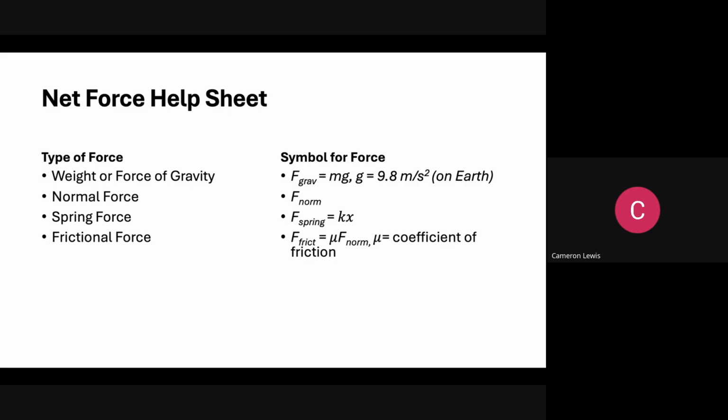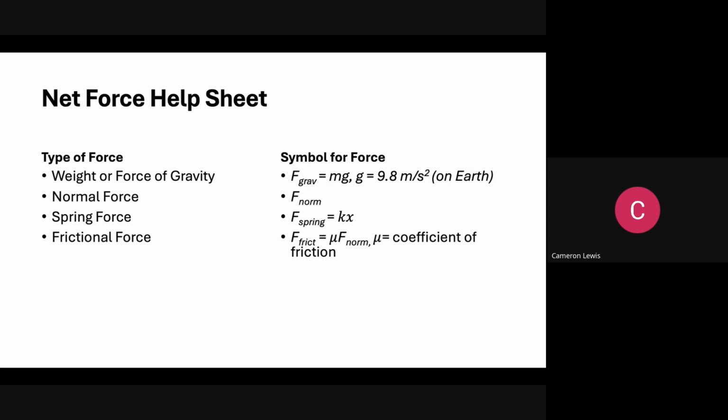What's the difference between a coefficient and a constant? A coefficient is just the number that goes in front, tied to a variable, like 4x. If the equation is y equals 4x, the coefficient would be 4.